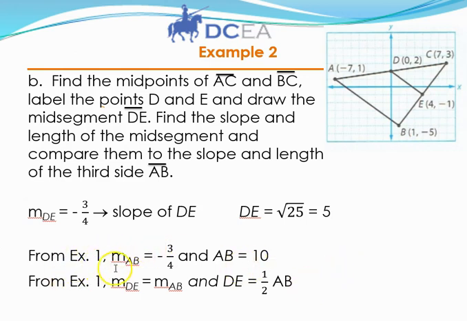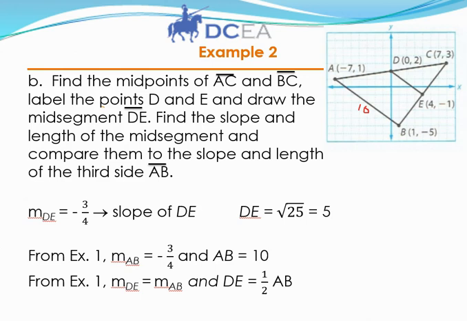From example 1, the slope of AB was negative 3/4. And the length of AB was 10. So let's fill that in our drawing. So this length was 10. From example 1, the slope of DE equals the slope of AB. They were both negative 3/4.